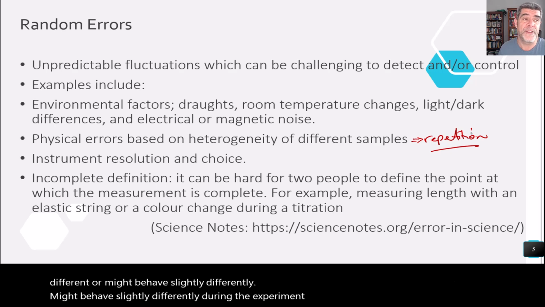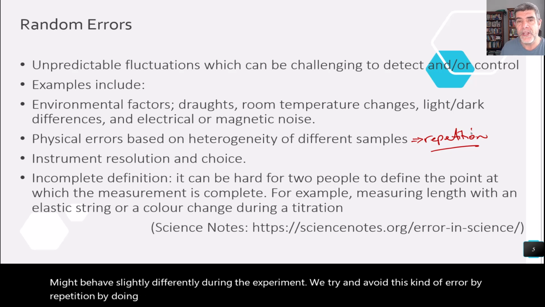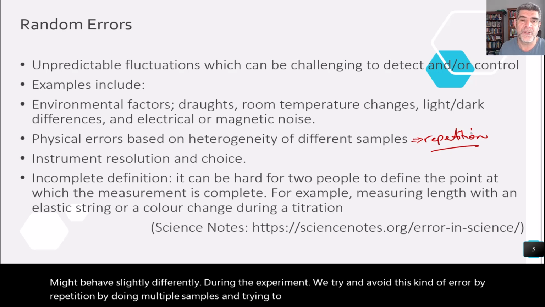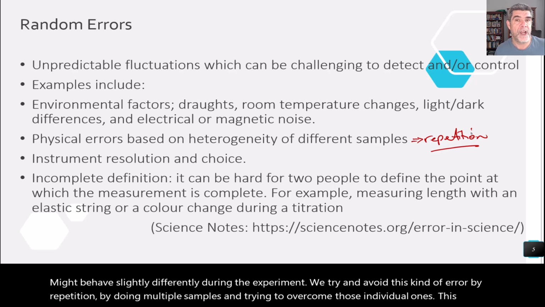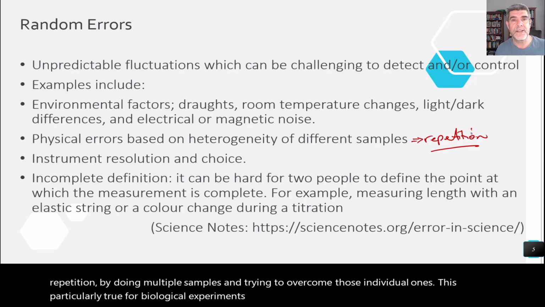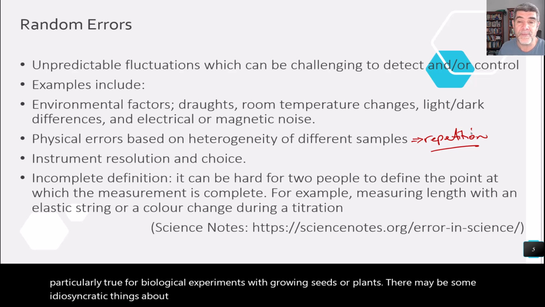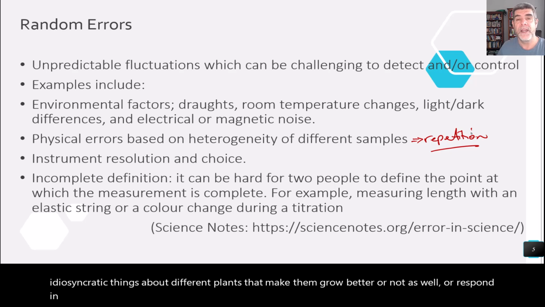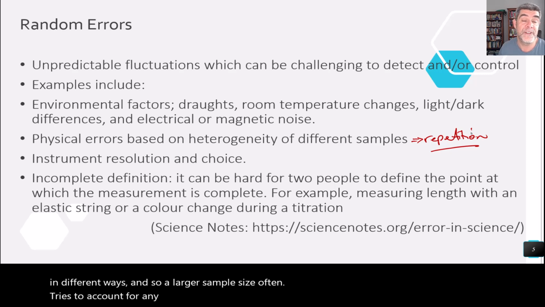We try and avoid this kind of error by repetition, by doing multiple samples and trying to overcome those individual ones. This is particularly true for biological experiments with growing seeds or plants. There may be some idiosyncratic things about different plants that make them grow better or not as well or respond in different ways. And so a larger sample size often tries to account for any of these individual differences.